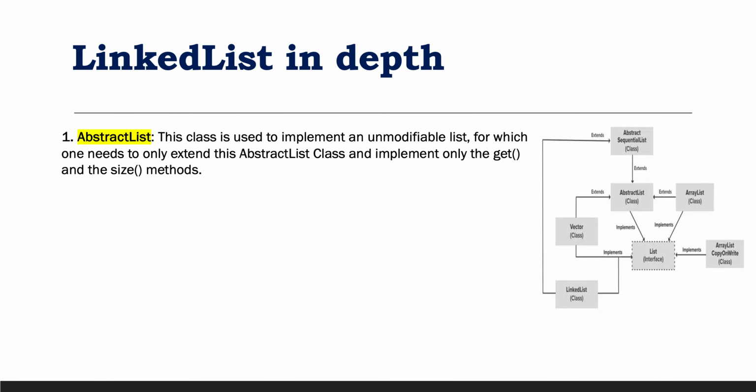So something like that, we know what the uses of the AbstractList are. This class is used to implement the unmodifiable list. It means if we want to create the list and initialize it at the time of creation only, because there are multiple constructors provided by the list, right? We can create the empty list, we can create the list with some value. Let's say we want to create the list with some value and we don't want to allow modification of that list, or we want to restrict modification of the list.